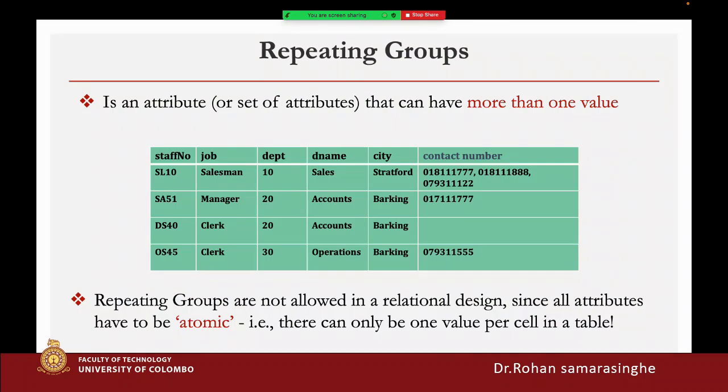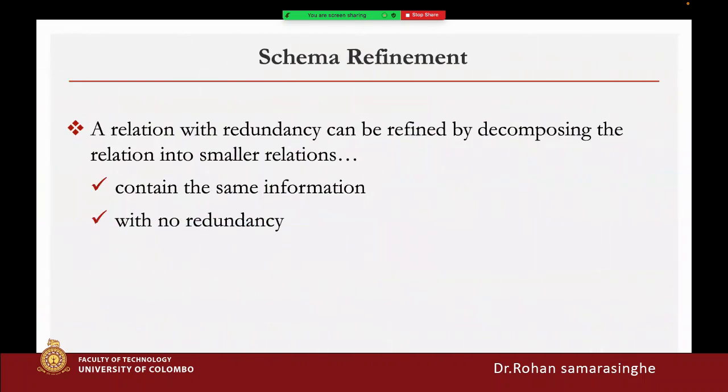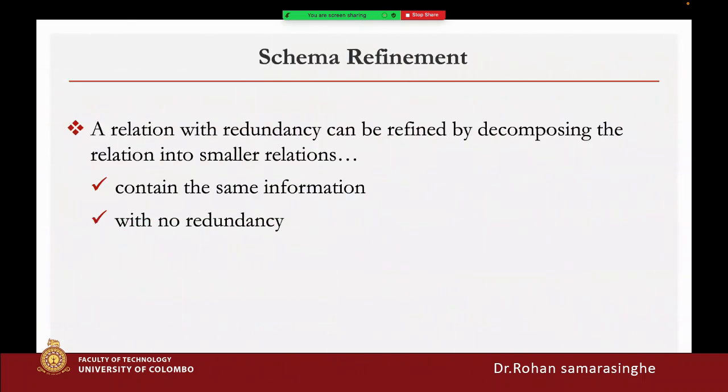In the contact number, you can see three contact numbers for staff number SL10, so we have to remove that also. A relation with redundancy can be refined by decomposing the relation into smaller groups that contain the same information with no redundancy.